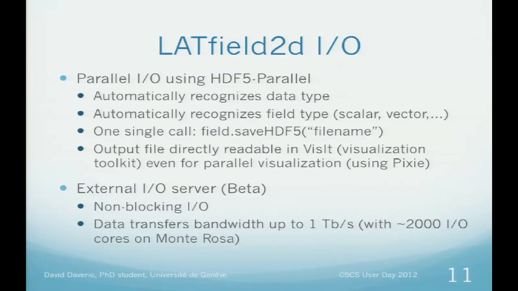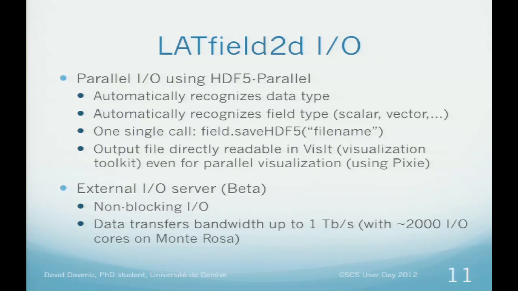So let's speak a bit about the I/O because I think it's interesting. We are using parallel I/O with parallel HDF5. The library does everything, so you really don't have to care about anything. It automatically recognizes the data type and the field type, meaning scalar, vector, tensor, or things like that.